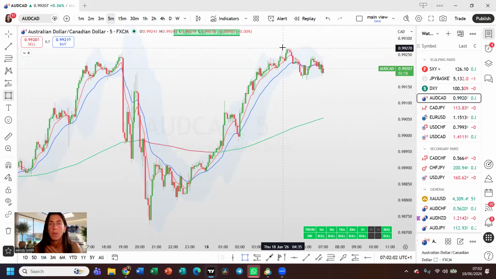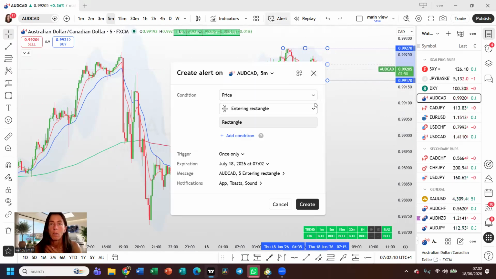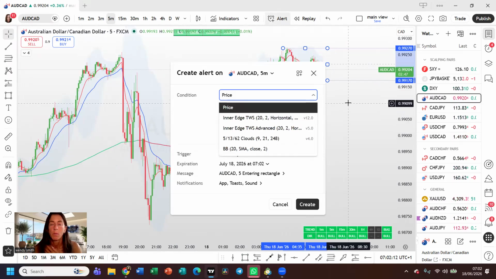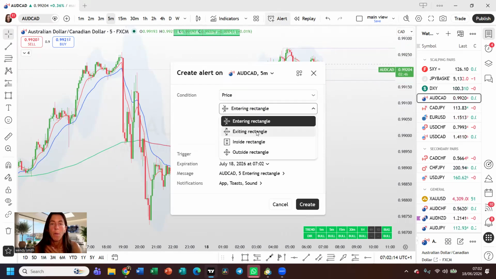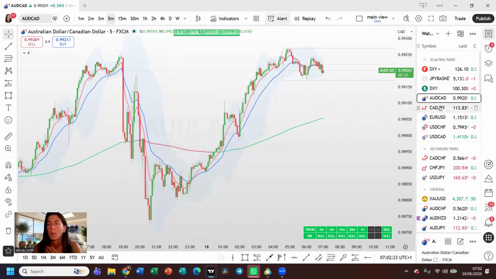However, it's not moving anywhere. When you stick boxes around, there's no science to this, guys. It's literally just for me to whack an alert on there. So I want price exiting that rectangle. I'm going to go for once per bar close on that one.